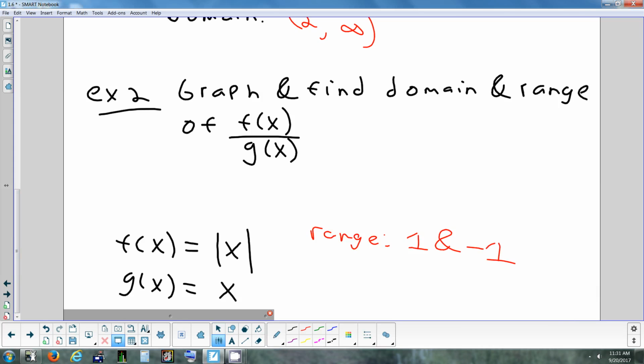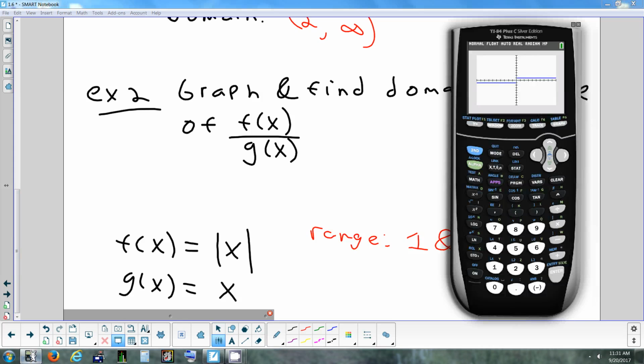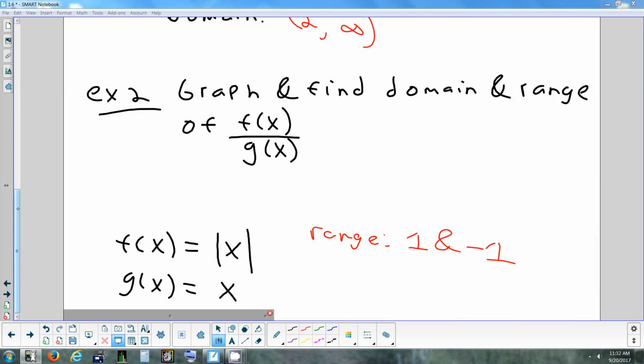How about the domain? What numbers are you allowed to plug in to that equation? Absolute value of x divided by x. Yeah? All numbers except 0. You can plug in anything, you just can't divide by 0.